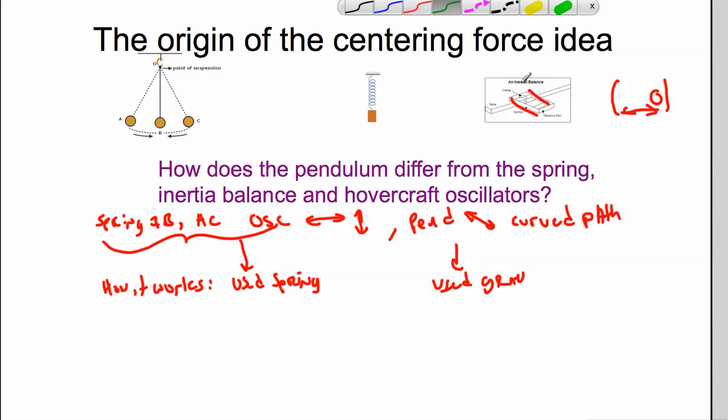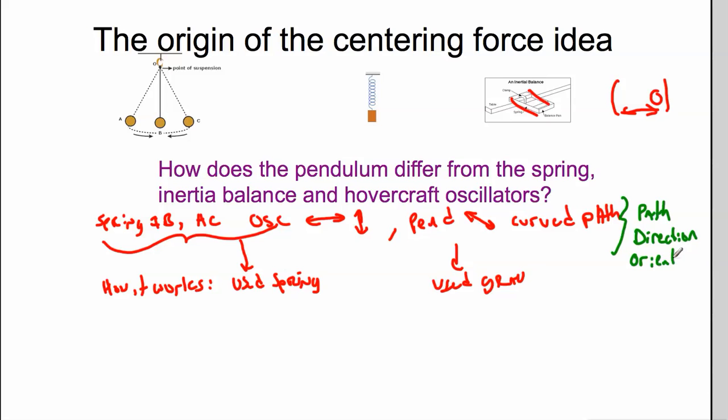And many of you realized that what we're kind of talking about here is the path direction, or some people use the word orientation. But a more fundamental way they differ was in this how it works. So what to call this thing about how it works?